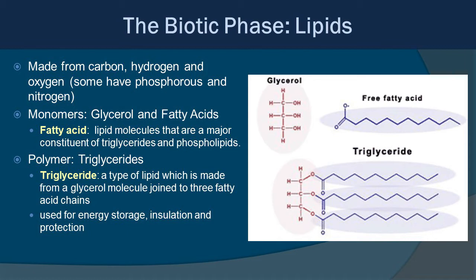And if you look on the right, you'll see glycerol up there and fatty acids at the top of the image. Now, a polymer is an example of triglycerides. Triglycerides are a type of lipid made from glycerol molecules joined to 3 fatty acid chains. It's used for storage of energy and insulation and protection, especially in the marine environment where thermoregulation is a big issue.